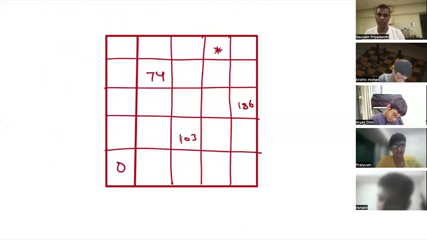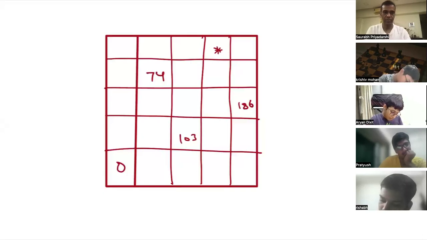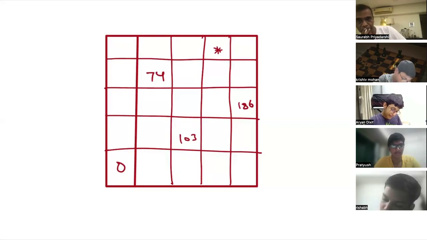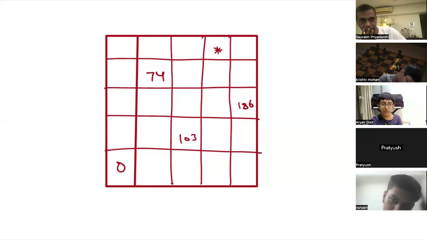Right, this is 5 cross 5 square. All the numbers are positive, 21 vacant places are there, right?